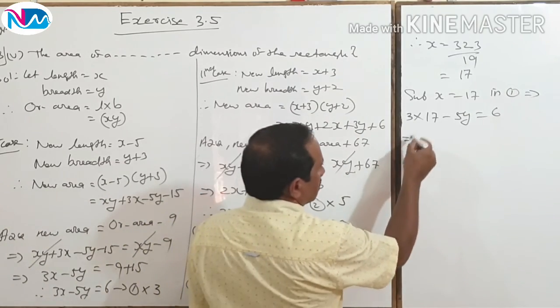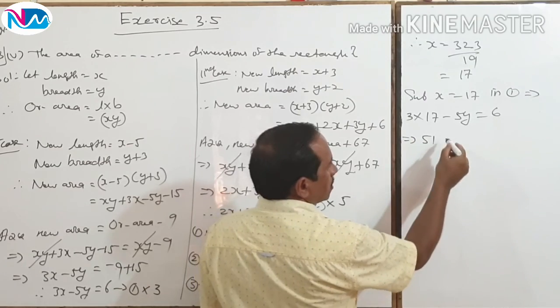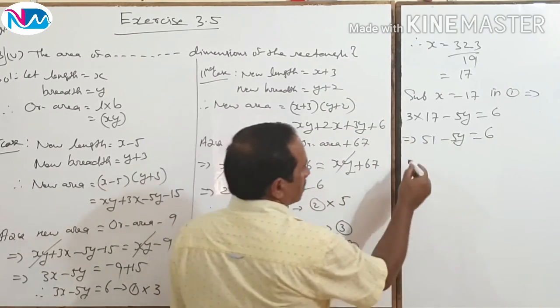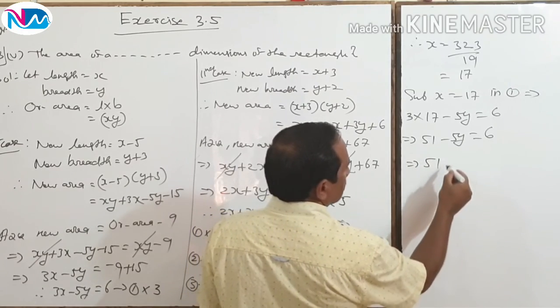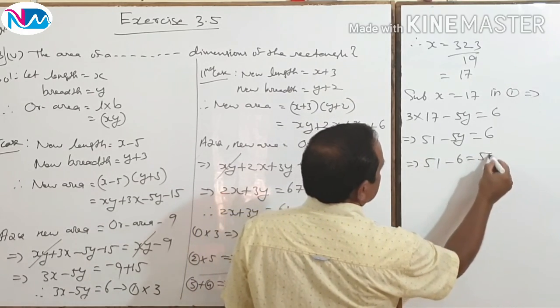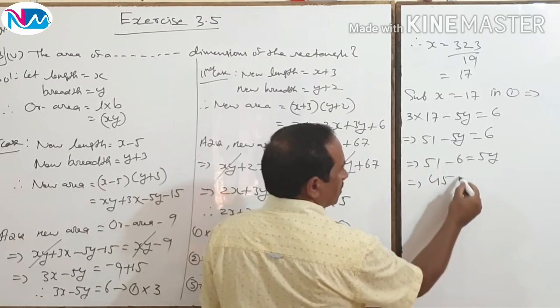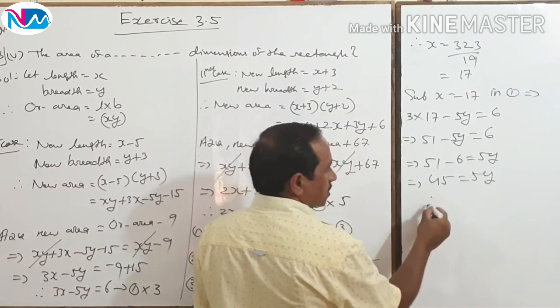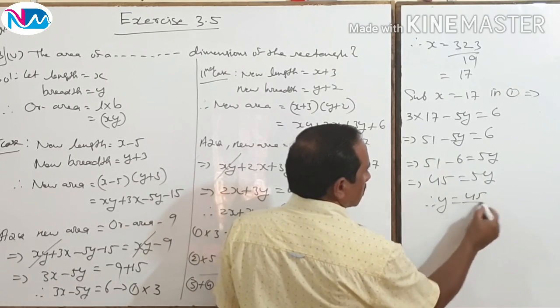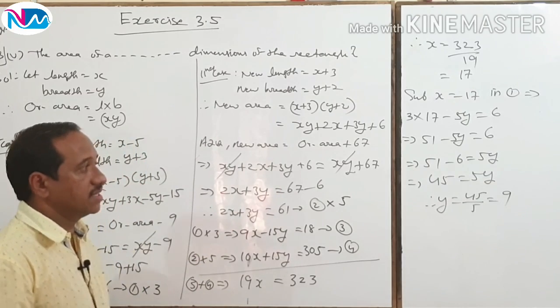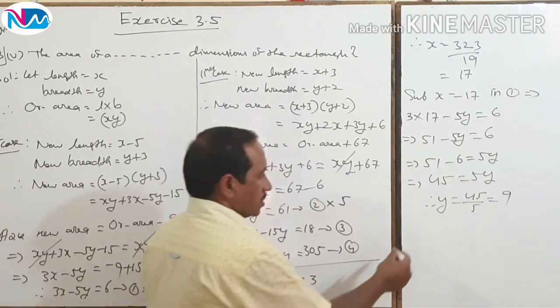On multiplying 3 into 17, 51 minus 5y is equal to 6, and 51 minus 6 is equal to 5y. 51 minus 6 is 45, which is equal to 5y. Therefore, y is equal to 45 by 5, 9. So x is equal to 17 and y is equal to 9.